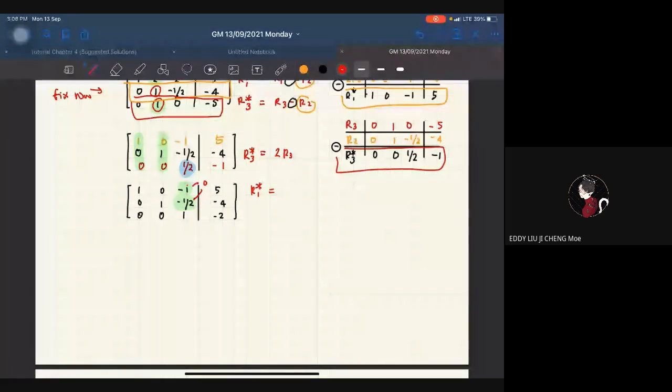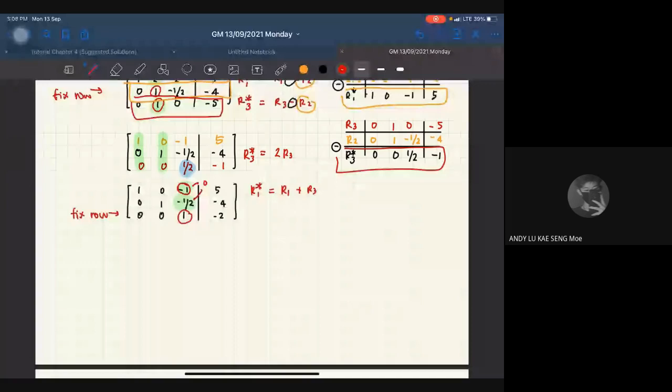So kita ada negatif 1 kat sini. Kita akan gunakan fixed row kita, which is this one. This is fixed row. Okay, so negatif 1 dengan 1. Nak jadikan kosong, just tambah sahaja. So you just add row 1 with row 3. Okay, betul. Okay, so settle dekat situ.